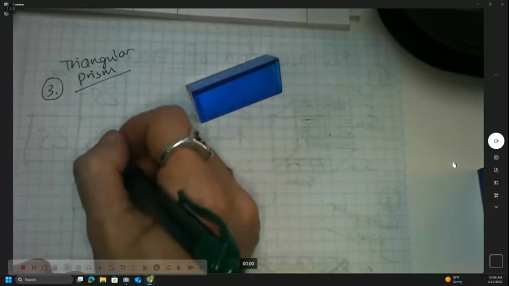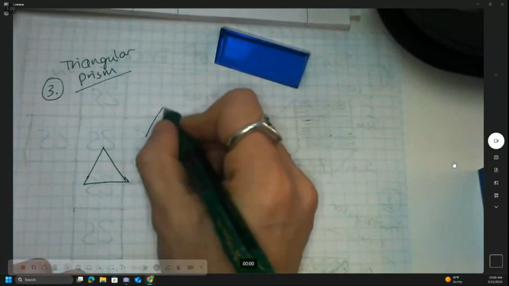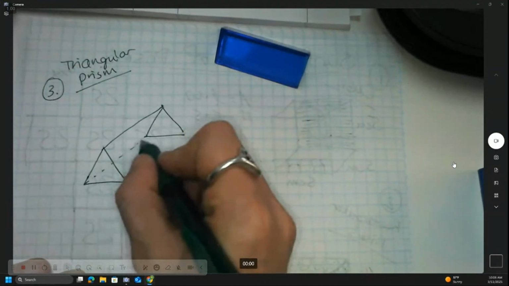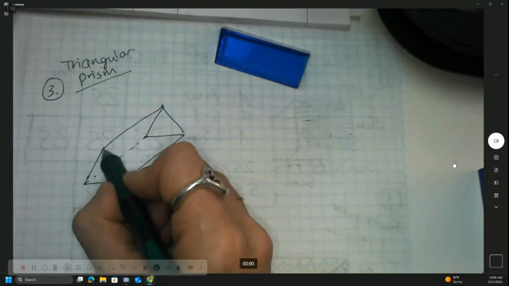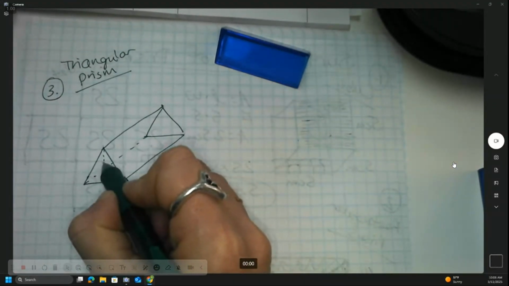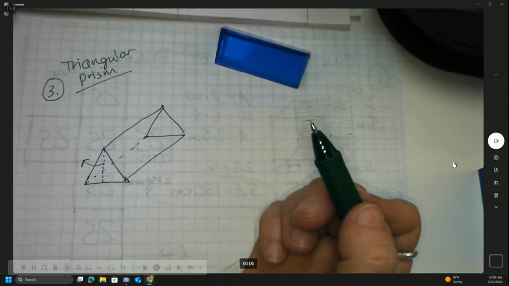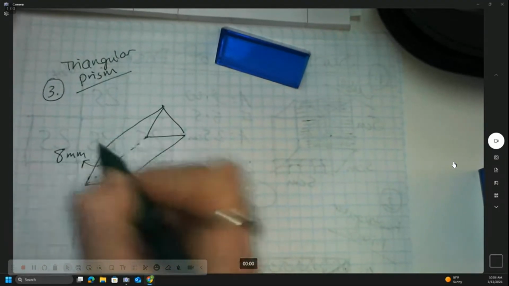Okay, it's like a tent. I always like to draw the triangle first and then another triangle kind of off in the distance up here. The top, the back, the front. There we go. I'm going to go ahead and say that the height of this triangular base's triangle is 8 millimeters.